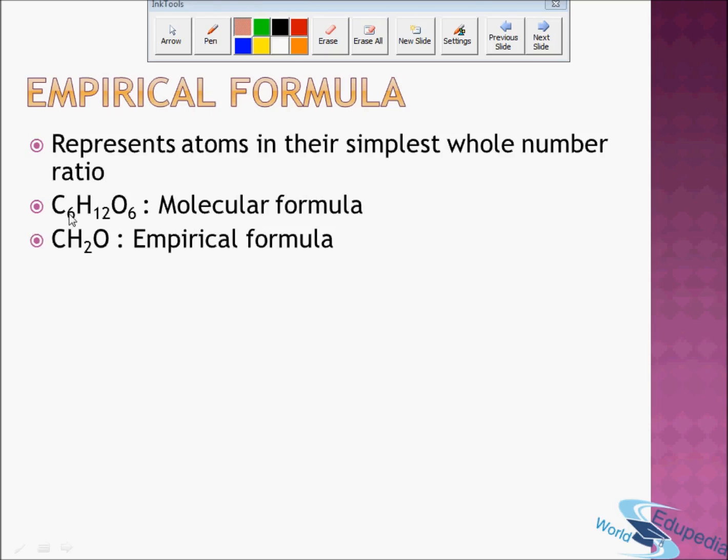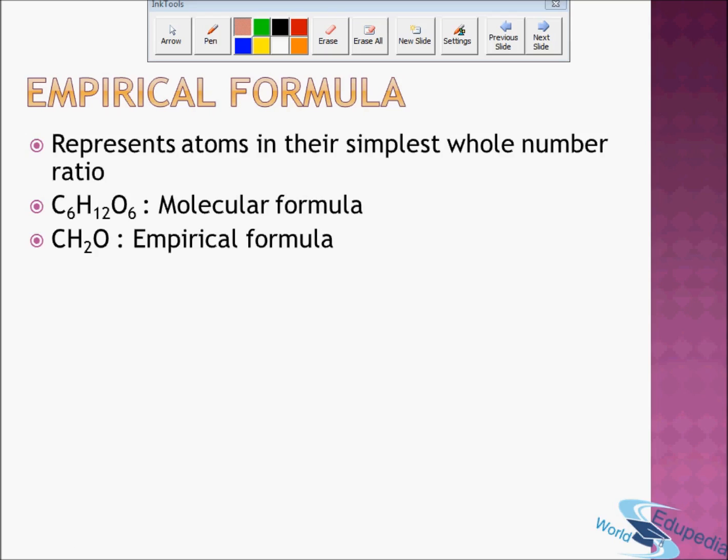If I take 6 common from all of the elements, what's left is C1H2O1. Now there is no other whole number which I can take common from each of the three elements. So this formula CH2O represents atoms in their simplest whole number ratio, and hence represents the empirical formula of glucose.